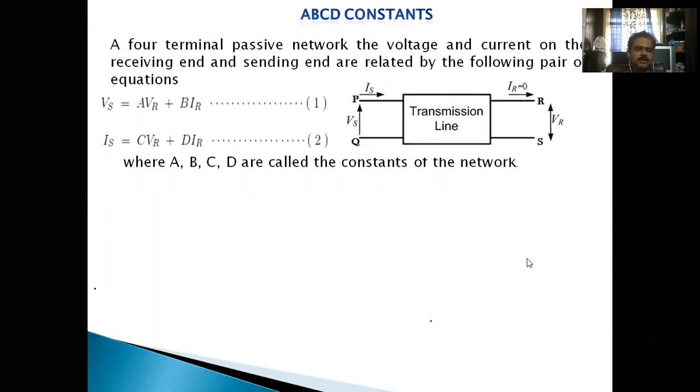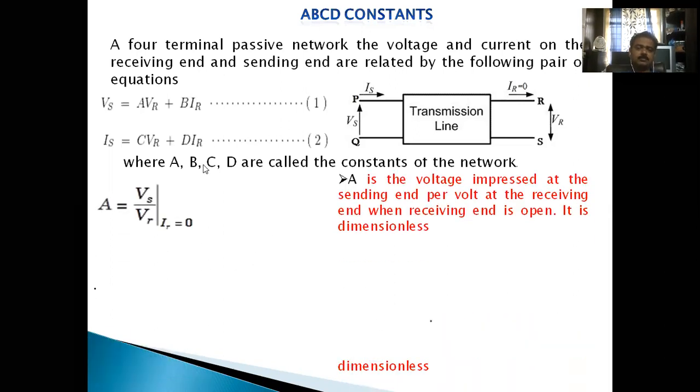Any transmission line, whether short, medium or long, can be represented by ABCD constants. The same short transmission line can be represented using ABCD parameters, and we can also find the regulation and efficiency using these constants.